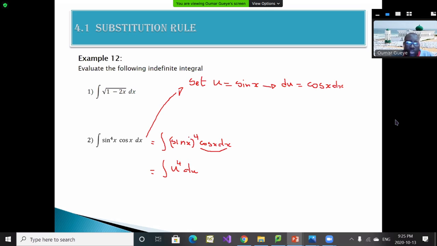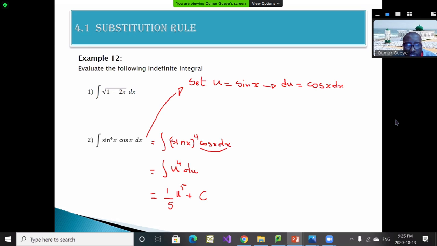You substitute the bracket by u, and the remaining part here is in fact equal to your du. In this case, you don't have to isolate your dx as we did in the first example. And now we're ready to use the power rule. So this is equal to 1/5 u to the power 5 plus the constant c.